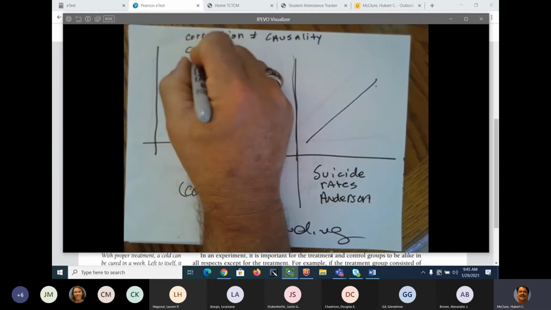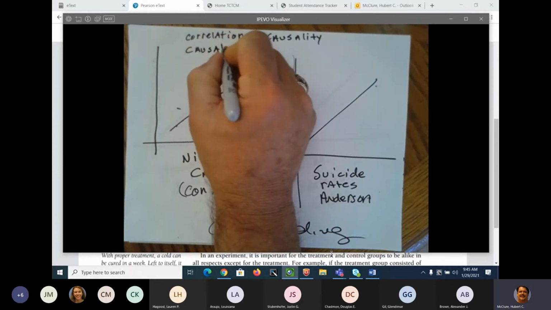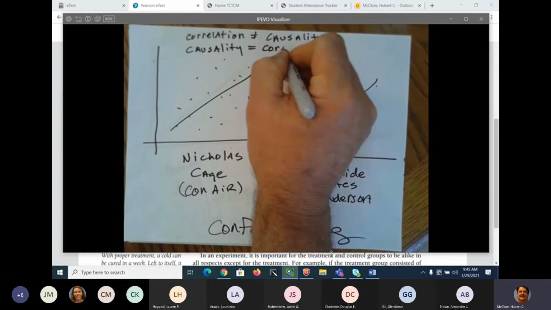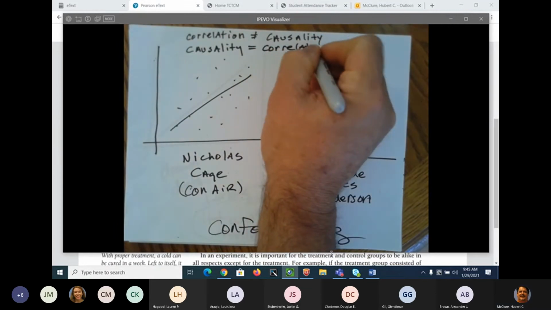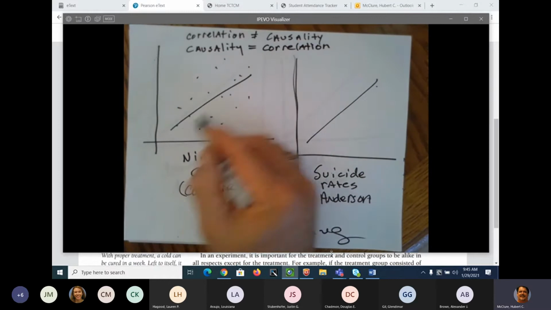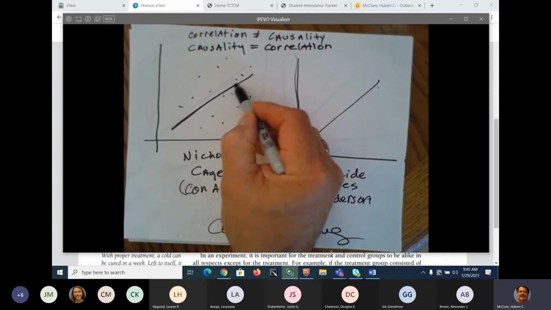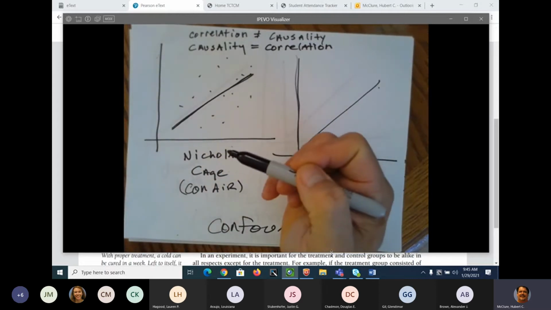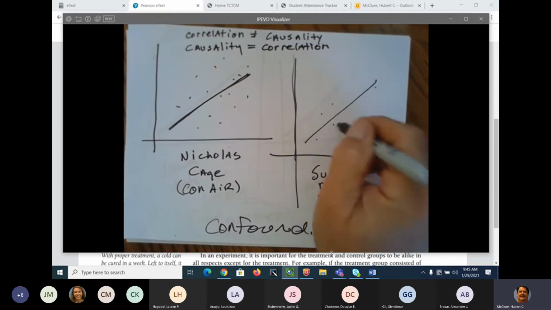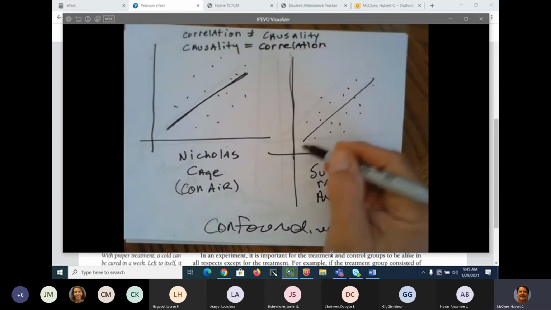But causality equals correlation. Correlation is a pattern, meaning being able to take all these dots and draw a line, which is called the best fit line, and have a bunch of dots over here and draw a line that fits those dots.